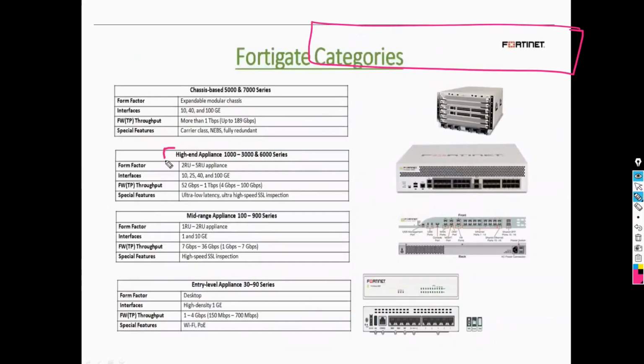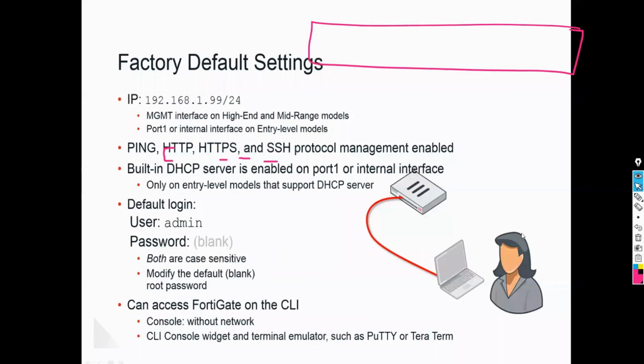These are the high-end models, Fortinet 1000, 3000, 6000 series. So in case you have a high-end model, you will get a dedicated management port. Yes, you have data interfaces, no problem. You can connect your LAN network, WAN side, DMZ portion, no problem.